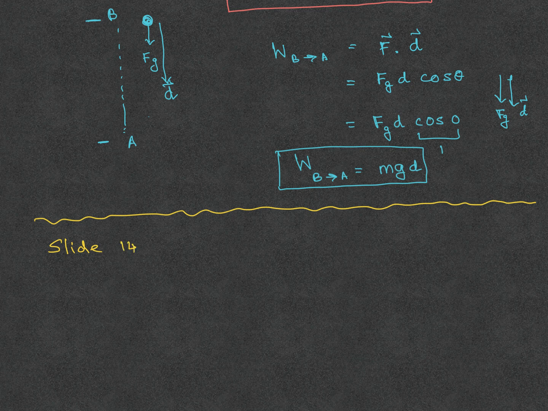Now in slide 14 you can see that we are looking at the work done by a variable force. Work done by a constant force is already discussed, right above you can see that.